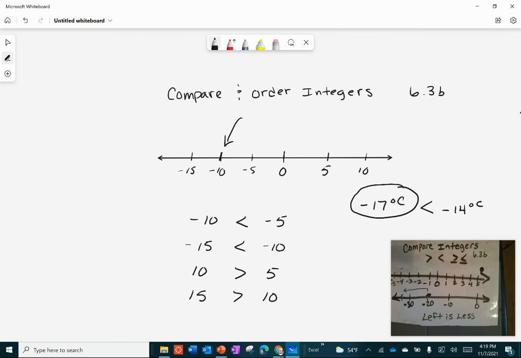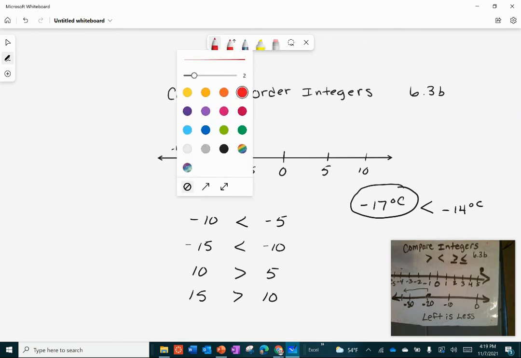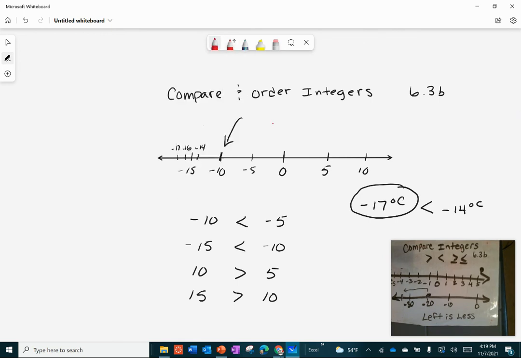Because on here would be negative 16, negative 17. Here would be negative 14. So if we're comparing negative 14 to negative 17, left is always less. So negative 17 is less than negative 14.